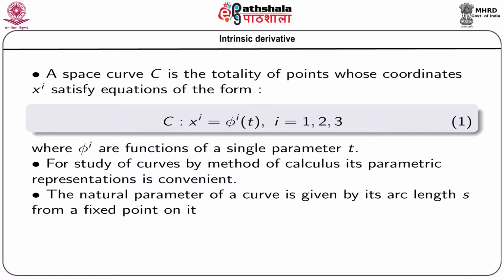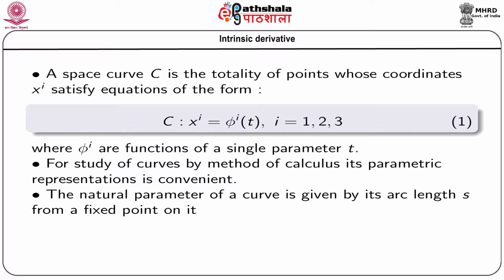Though it is defined with respect to t, the natural parameter of a curve can be considered as the arc length, because arc length is invariant under transformations.